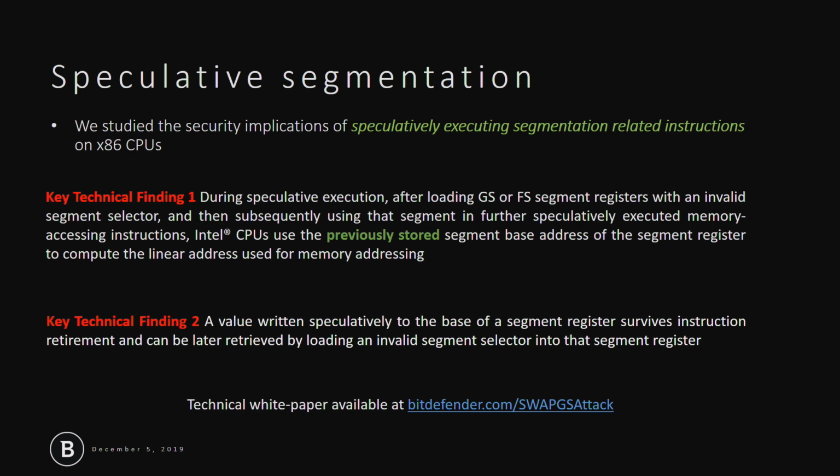And the second technical finding is that a value written speculatively to the base of a segment register survives instruction retirement and can be later retrieved by loading an invalid segment selector into that segment register.